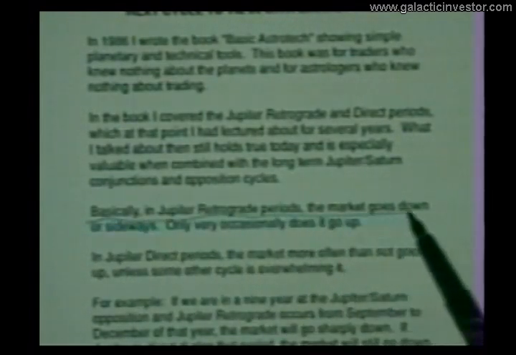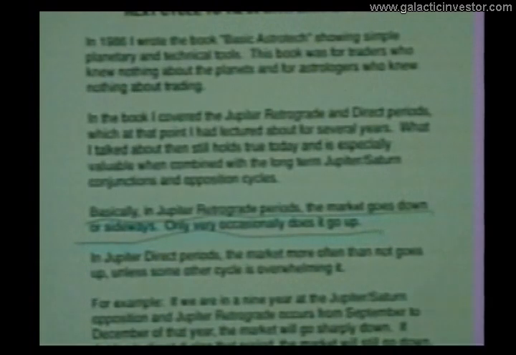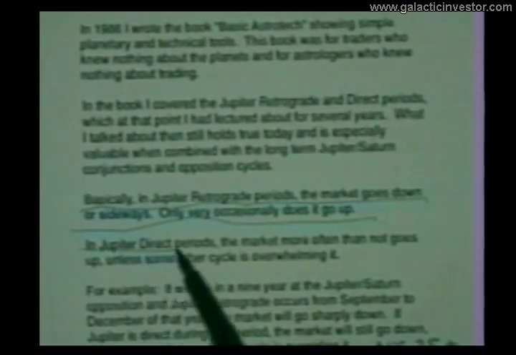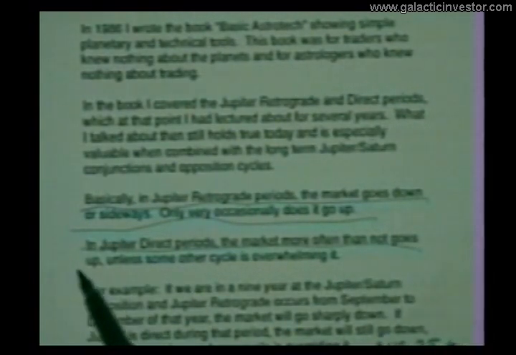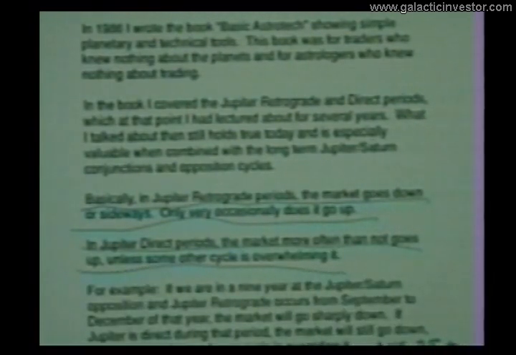In 1986, I wrote a book about this, and I talked about how the market during the Jupiter retrograde periods either goes down or sideways, and only very occasionally does it go up during that period of time. In the Jupiter direct periods, the markets more often go up unless some other overwhelming cycle is in there.